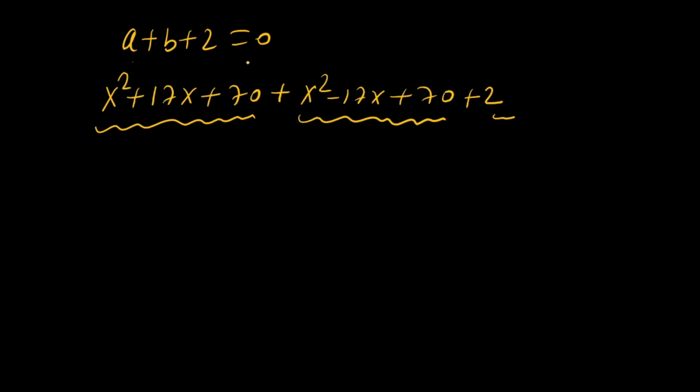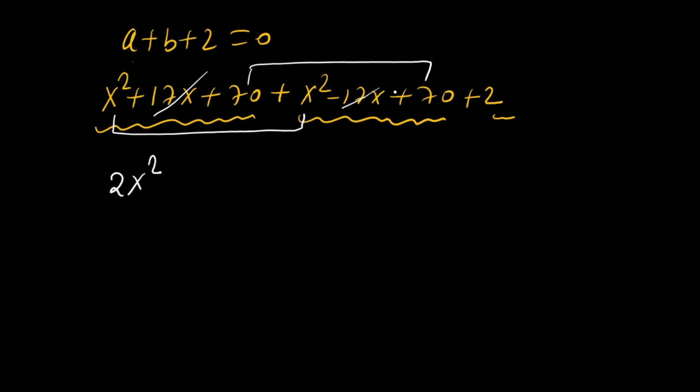A plus B plus 2. Now x square plus x square, that is 2 times x square, plus 17x minus 17x is cancelled out. 70 plus 70, that is 140, plus 2, 142, and this equals 0.